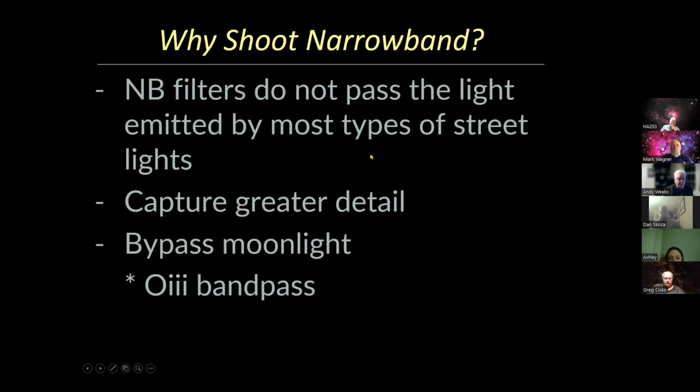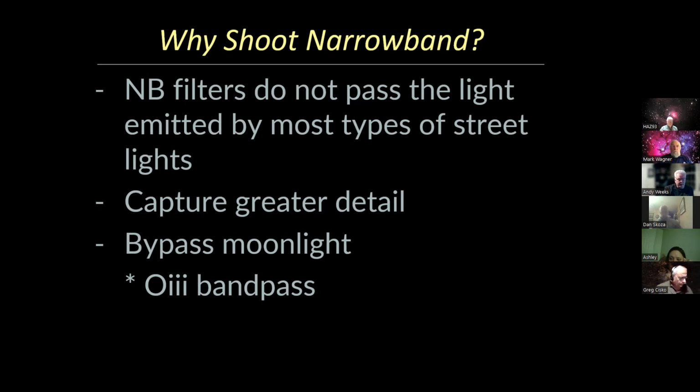And they bypass the moonlight, right? So if I'm shooting in H-alpha and sulfur, I don't care how bright the moon is. It can be a full moon, I'm out there shooting. The O3 is the only caveat, and this is affected by the bandwidth of the O3 filter. When I first started out, I had the 7 nanometer bandwidth O3, and I really couldn't shoot anything while the moon was out.